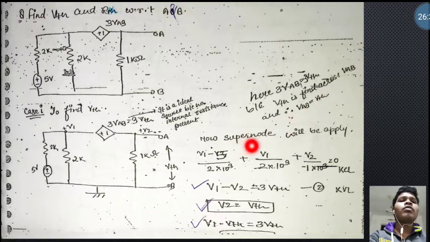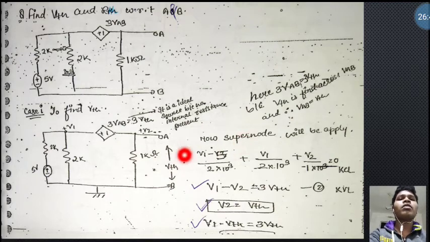Okay, now the super node will be applied here because there is more than one node with dependent and independent sources. That's why we are applying the super node concept.